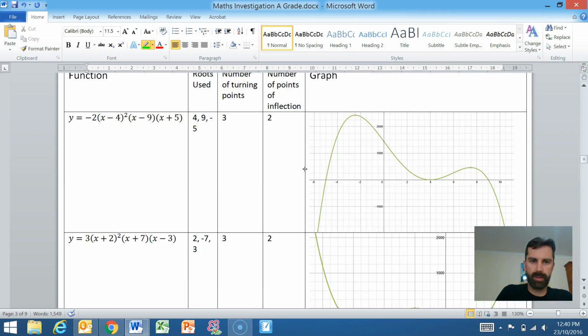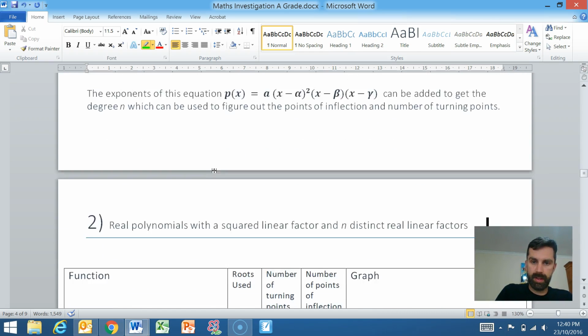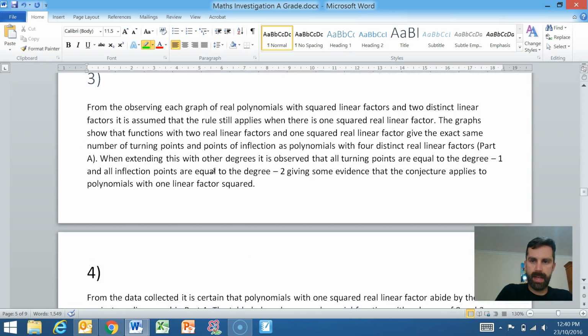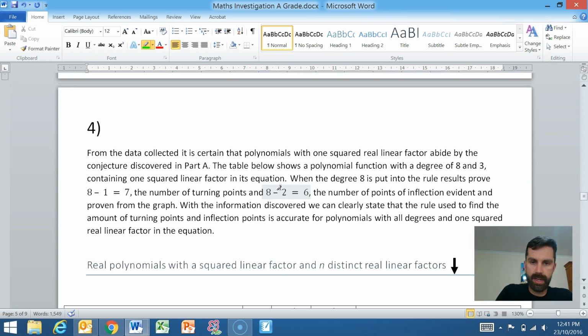They've done some more. From here, they've described more about what they've done about their maths. They've described what they're going to do next. And now they've come up with another conjecture. And they've said that the previous conjecture still applied, so they're giving some ongoing commentary.